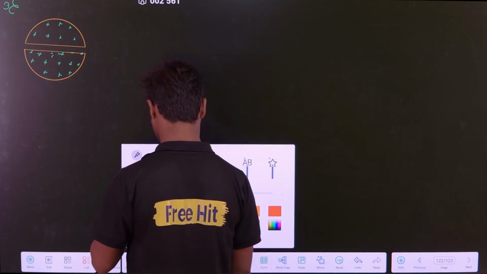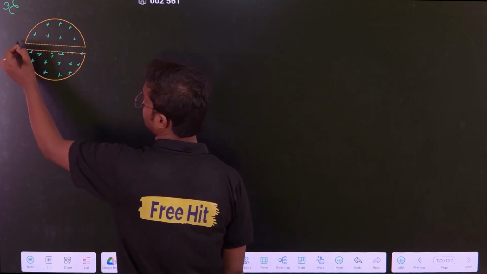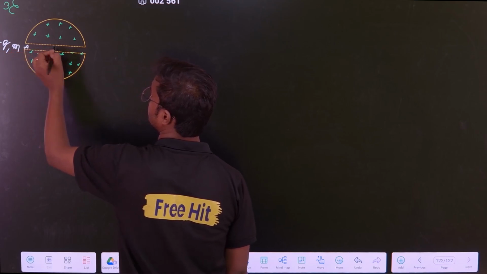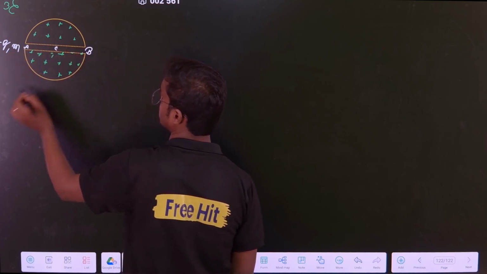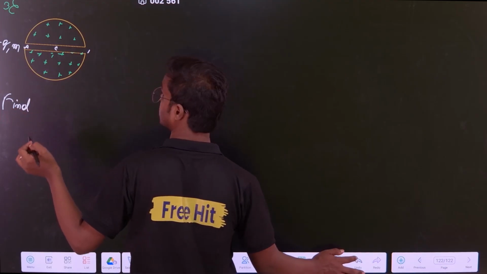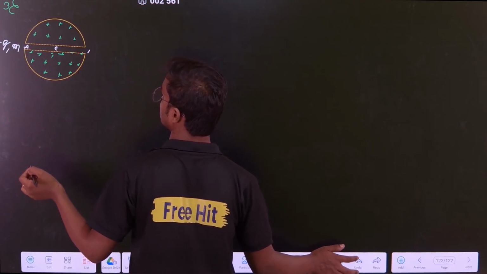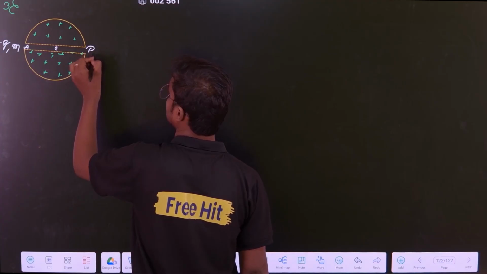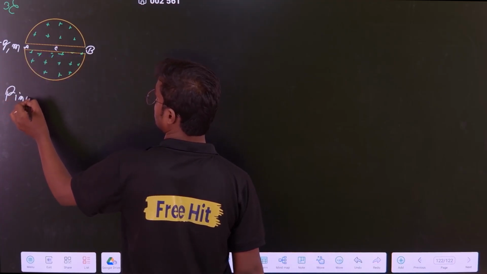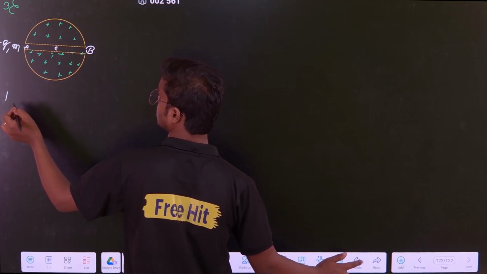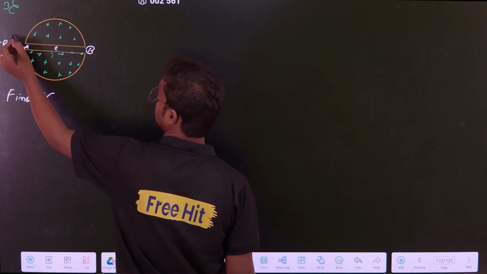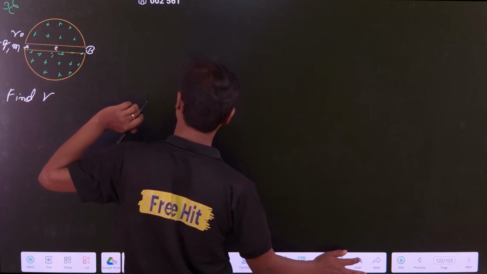Now my question is, suppose there is a charge minus q and mass m. This is point A, this is point C, this is the point B. You have to find, suppose here the velocity is v naught.